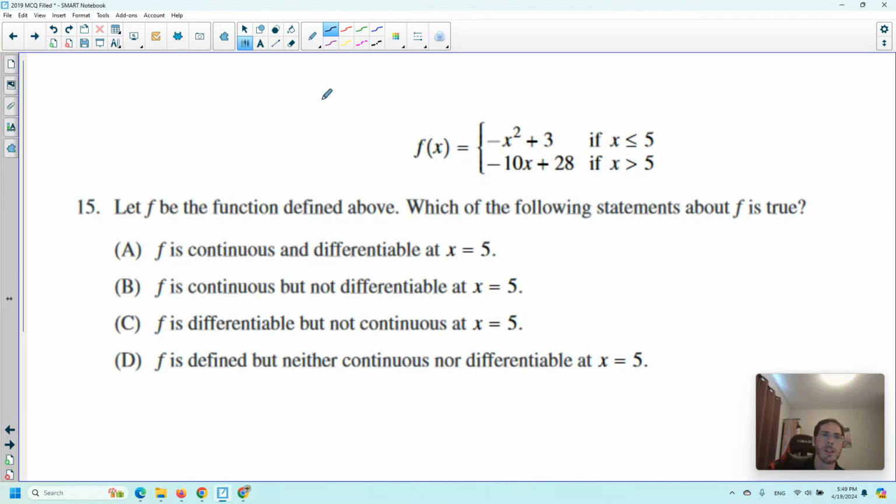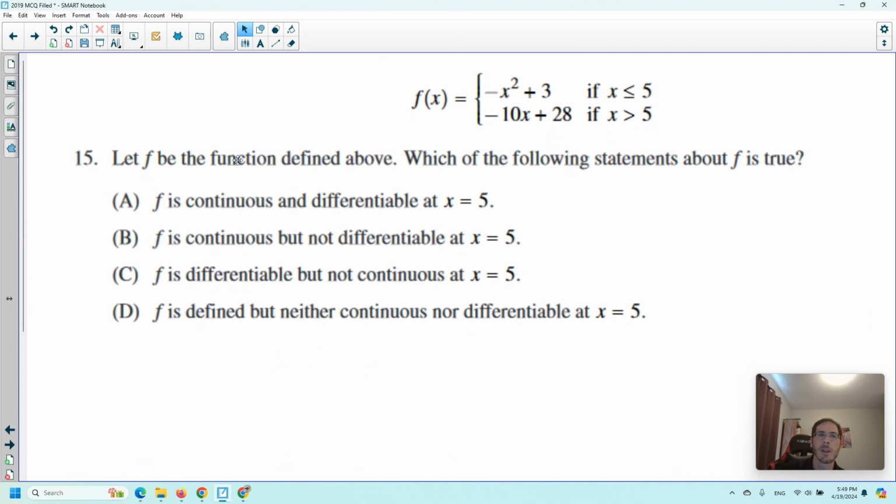All right, 15. Let f be defined above. Which of the following statements about f is true? All right, so we got to choose continuity and differentiability. So for continuity, we check the continuity rules. Hopefully it's not continuous, and then we can just be done with the question, but we'll check.